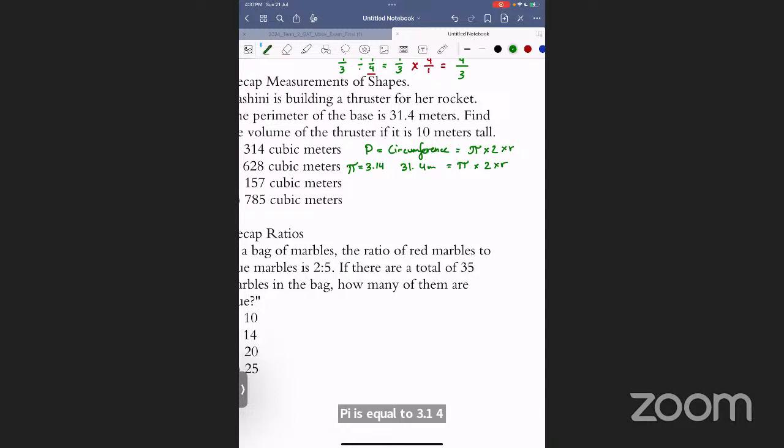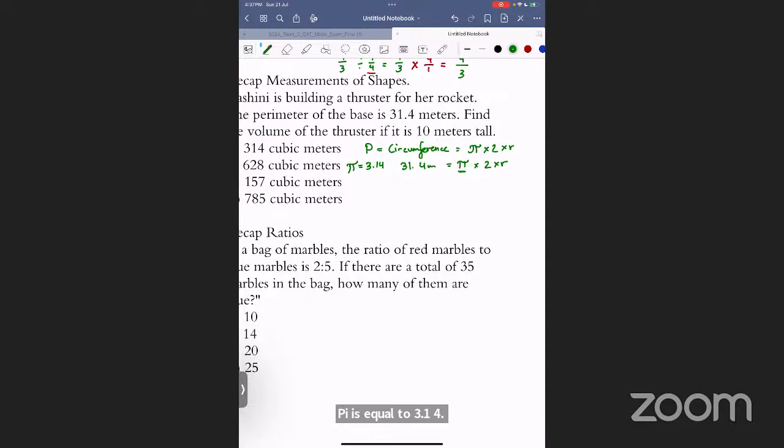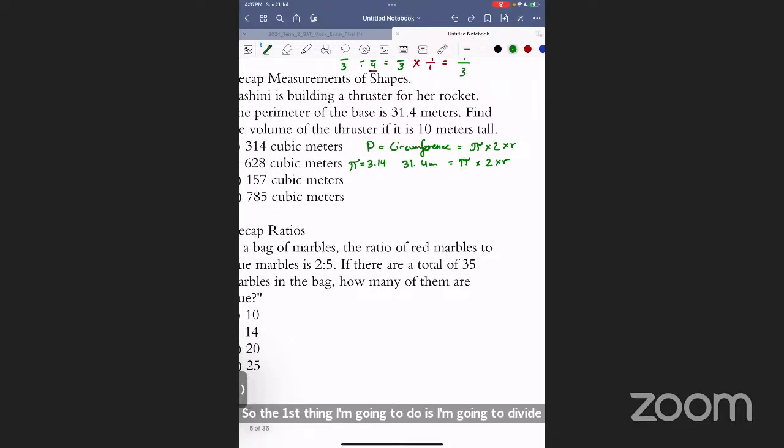So the first thing I'm going to do is divide pi from both sides. So this will become 31.4 divided by 3.14 is equal to 2 multiplied by r. Now 31.4 divided by 3.14 is equal to 10, which is 2 multiplied by r.